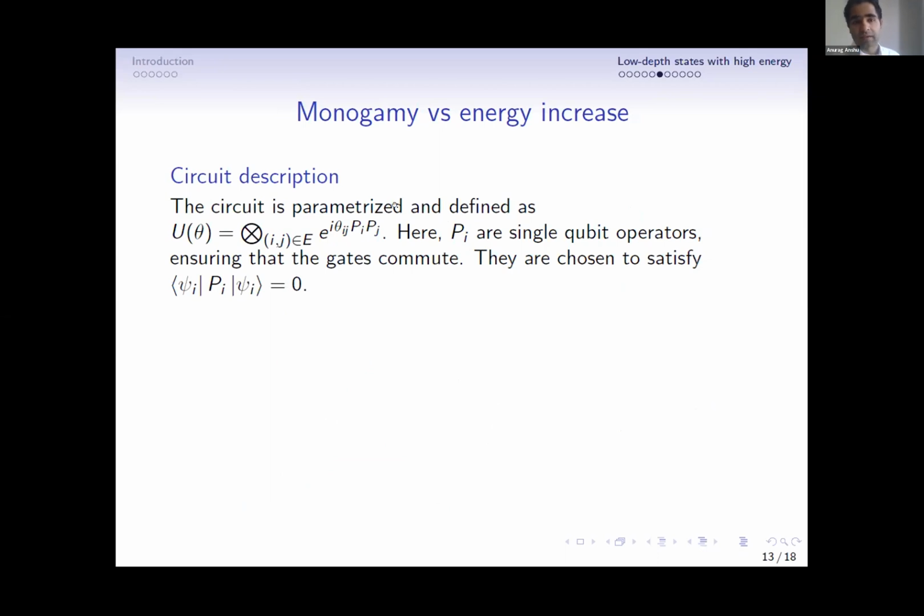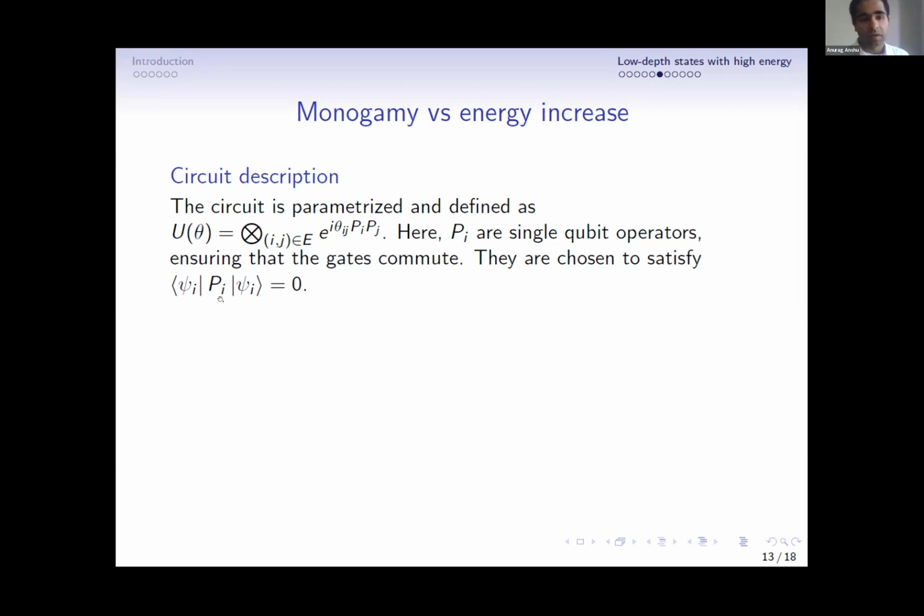The circuit is a parameterized circuit, very similar to what you may have seen in the QAOA or VQE literature. It is defined as a tensor product of gates that act edge by edge. This gate acts on edge i, j, and it's basically a tiny time evolution, or a rotation, along this operator P_i P_j. P_i is a single qubit operator that acts on each site, and we specifically choose P_i in the following form.